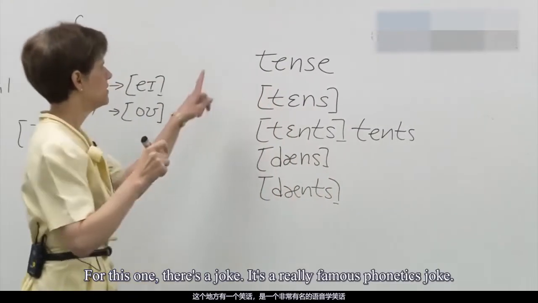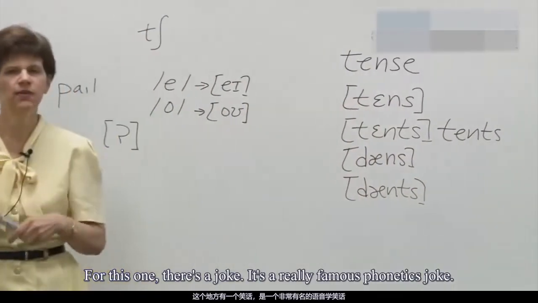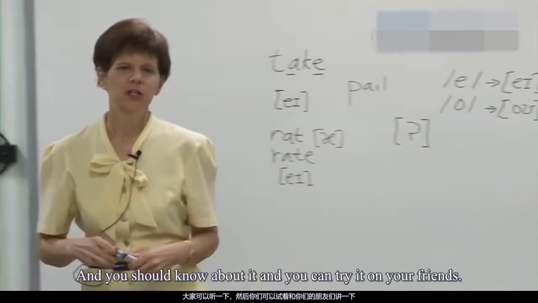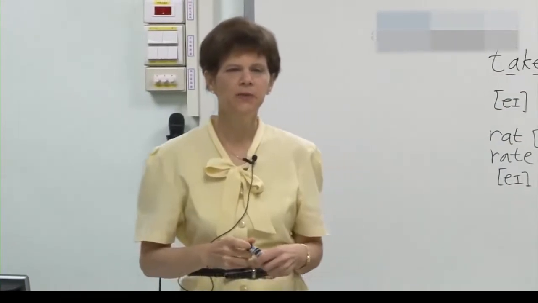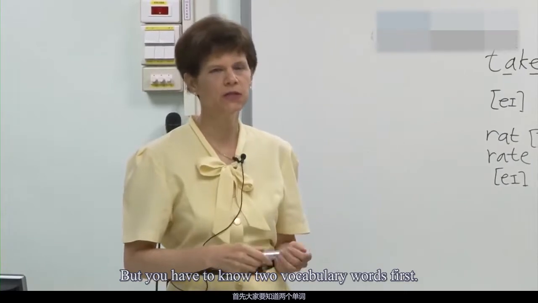For this one, there's a joke. It's a really famous phonetics joke, and you should know about it, and you can try it on your friends. But you have to know 2 vocabulary words first.